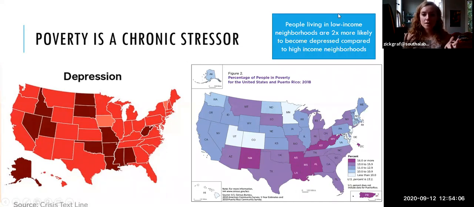So one study that was conducted in New York City found that people who were living in low-income neighborhoods were twice as likely to develop a first depressive episode during an 18-month period compared to people living in high-income neighborhoods. So poverty is a public health concern for reasons we'll talk about in the eating disorder lecture, and also for mental health reasons. And there's a clear and specific link between depression and poverty, probably mediated by the chronic stress that's associated with being poor.